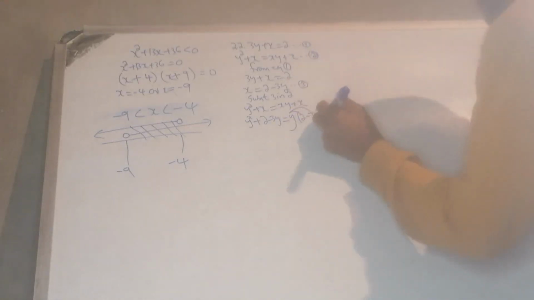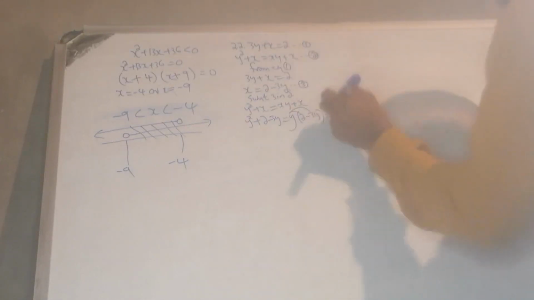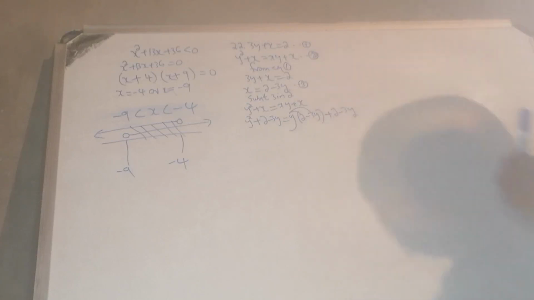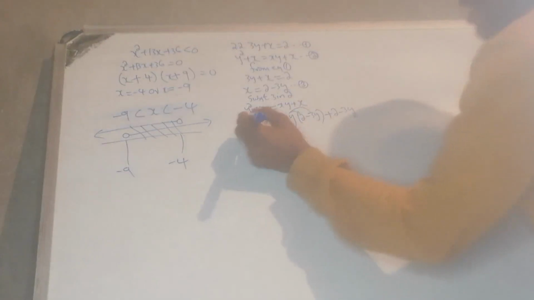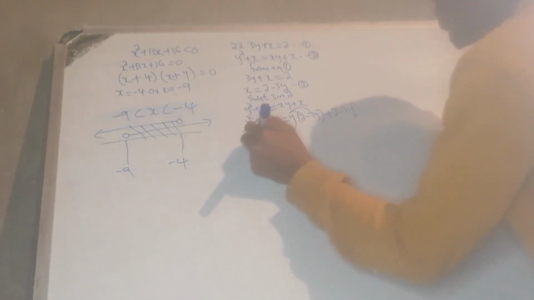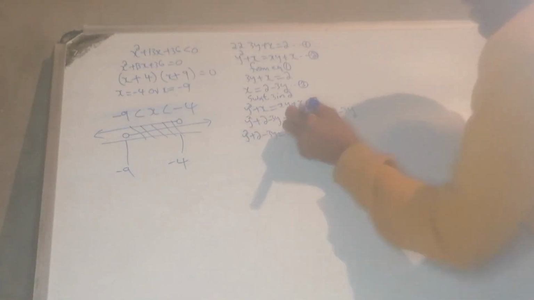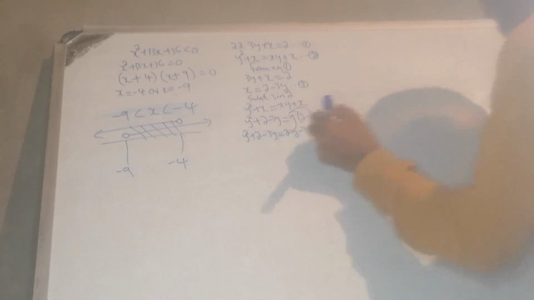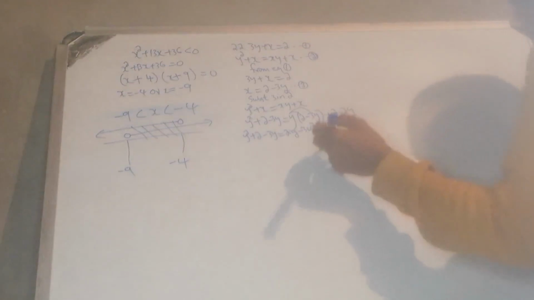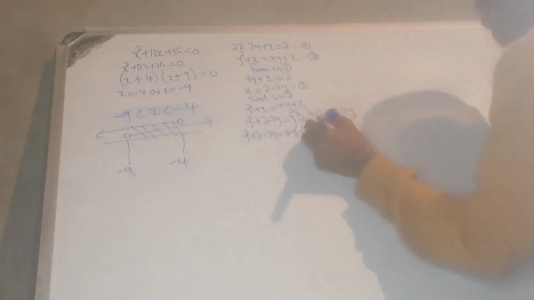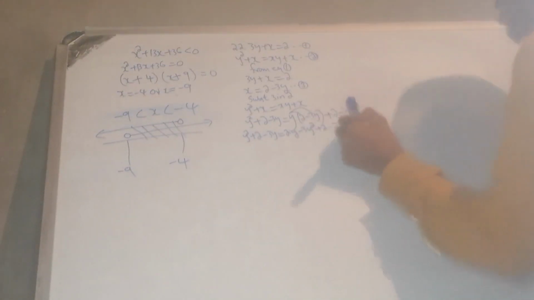And then I'm having another x, I'm writing 2 minus 3y. And then from there I have my y squared plus 2y minus 3y squared, plus 2 minus 3y.